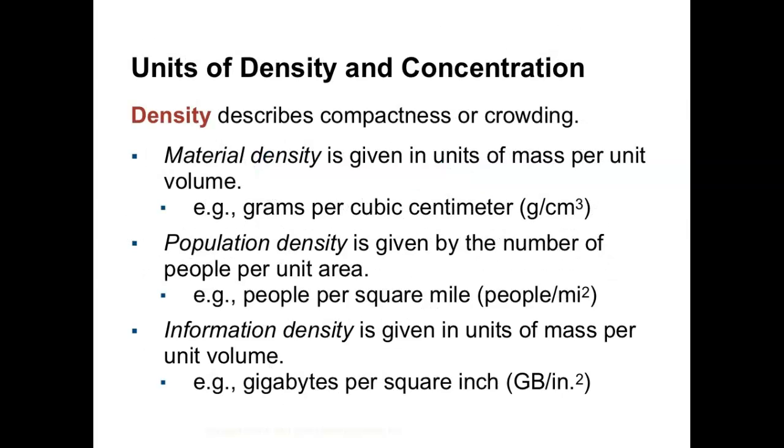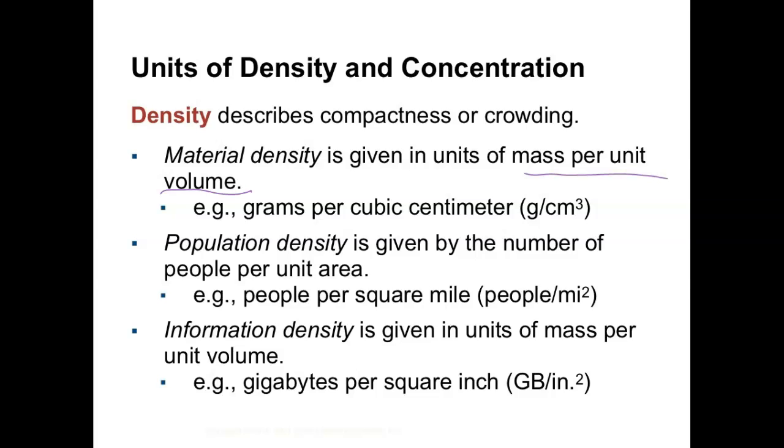So density and concentration. Density describes compactness or crowding, and it's given in mass per unit volume. So that would be like grams per cubic centimeter. Population density is given by the number of people per unit area, so like people per square mile.